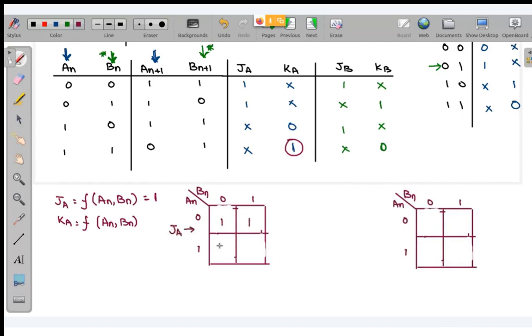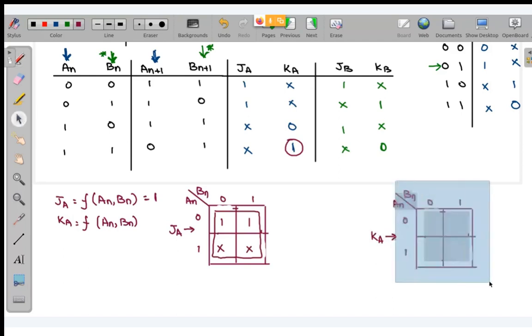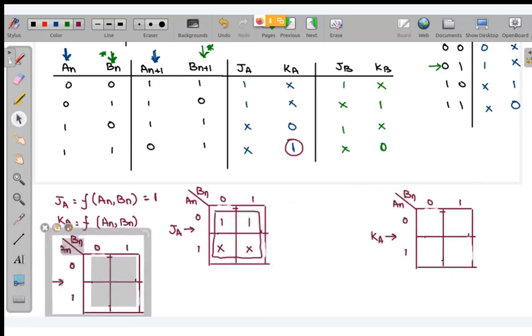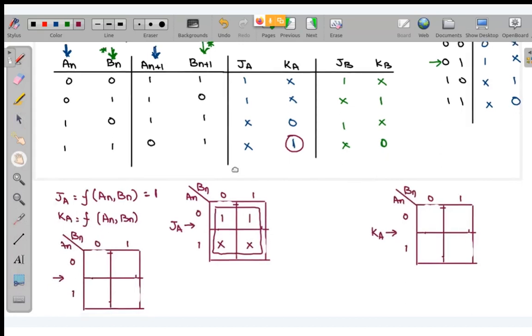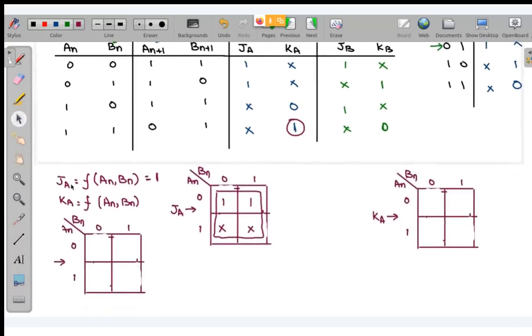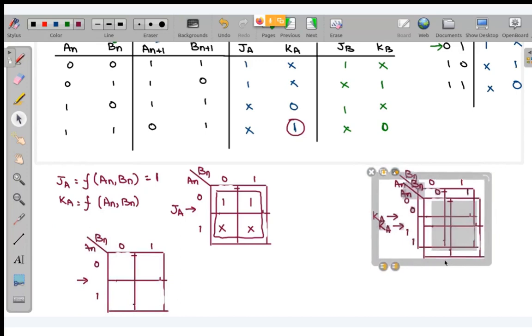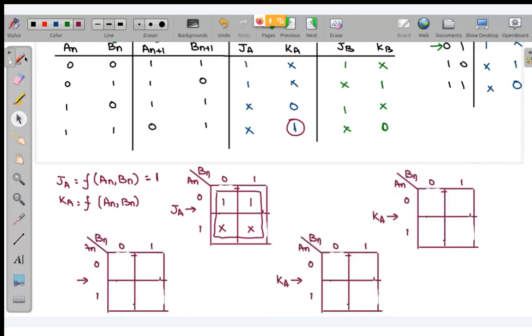So it was 1, 1, don't care, don't care. This is for KA, this is for JB, this is for KB.